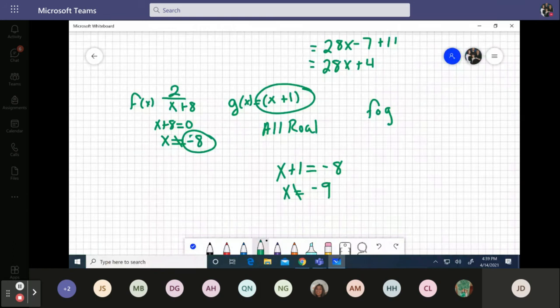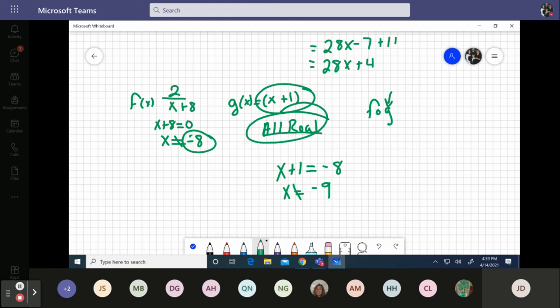Remember, you always start out with your inside function. If I had had a restriction here, that would have been the first part of my answer.